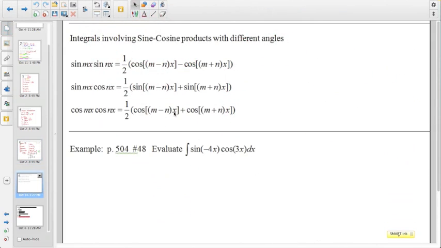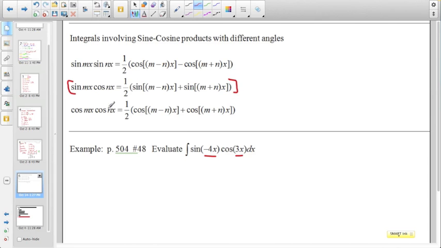In this example, we're using the trig identities dealing with sines and cosine products with different angles. So if we look at this example here, we have the sine of minus 4x and the cosine of 3x. So that falls into this category here, where we have the product of a sine and a cosine.